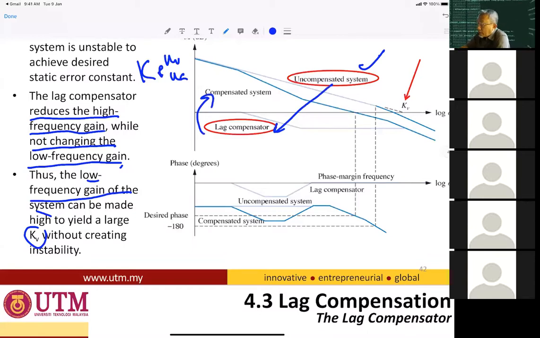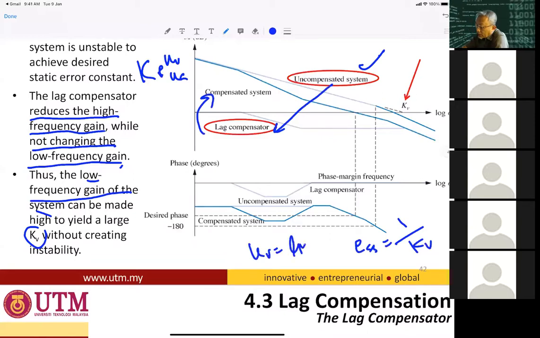And Kv here is the velocity error constant, where ess is equal to 1 over Kv, and Kv is the limit as s goes to 0 of sG(s), which is the open loop system.